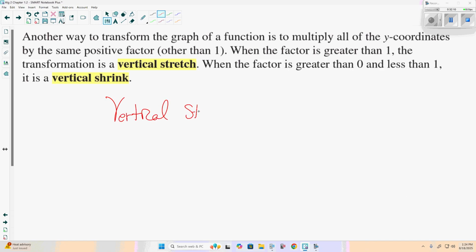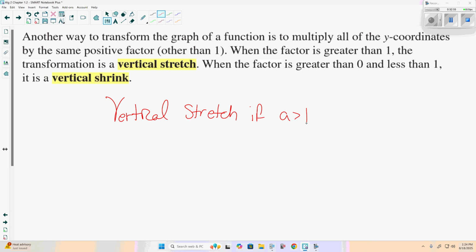Vertical stretch. We know it's a vertical stretch if a is greater than 1. I'm not talking about the sign. I'm talking about the number itself. Because if in the a spot we had, say, negative 2, 2 would talk about the vertical stretch or shrink. 2 is greater than 1, so it would indeed be a vertical stretch.